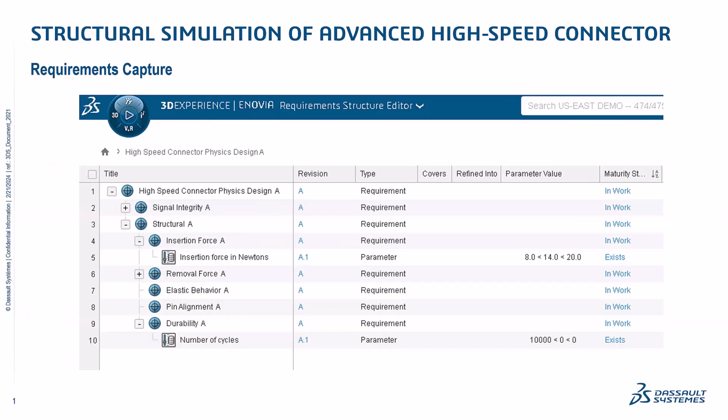This is the requirements structure editor, and a couple of structural requirements which need to be satisfied to meet industry standards are shown here. These include things like the insertion and removal force, which should be between 8 and 20 newtons, and the durability, the number of insertions required for the connector, typically over 10,000 insertion and removal cycles.